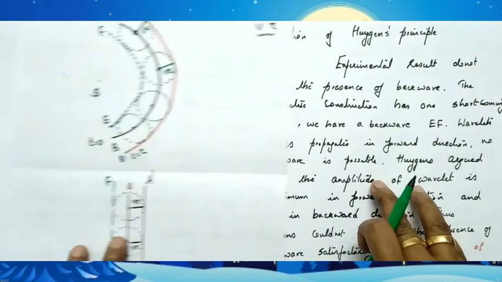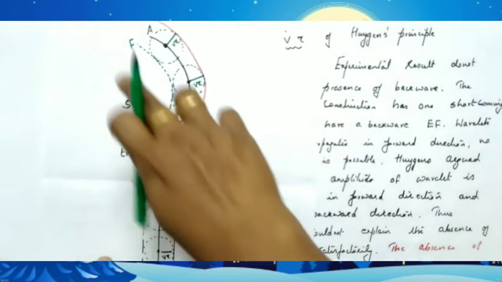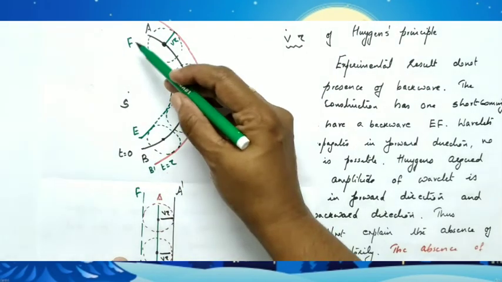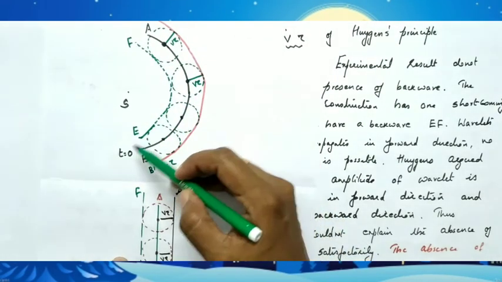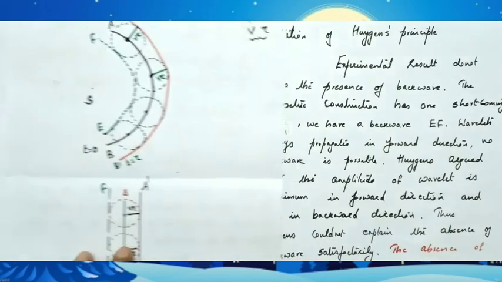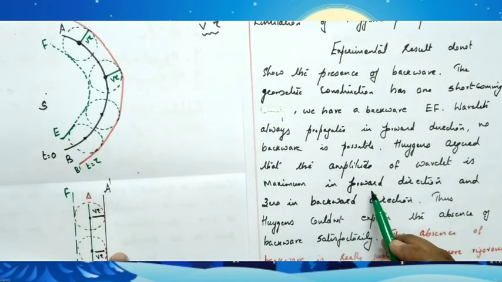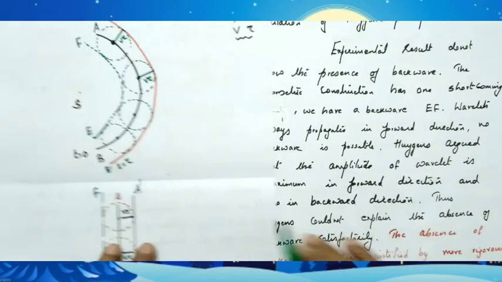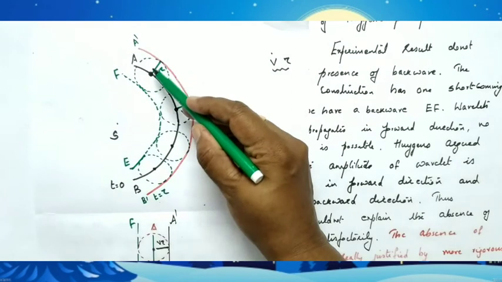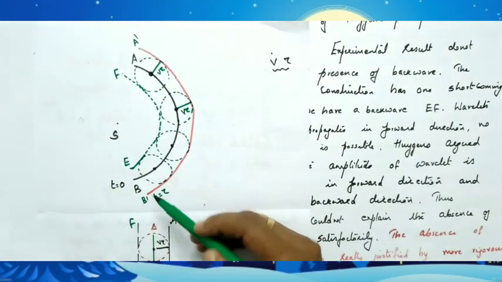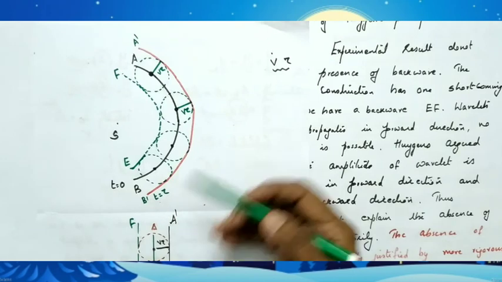But in Huygens' principle, the geometric construction lets us draw the tangent, and so we get the back wave. So Huygens argued that the amplitude of the wavelet is maximum in the forward direction and 0 in the backward direction. Why that amplitude is taken as 0, he could not explain.